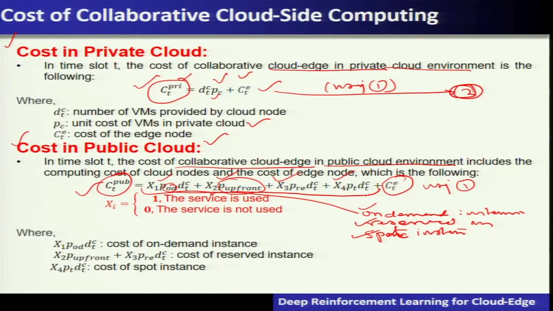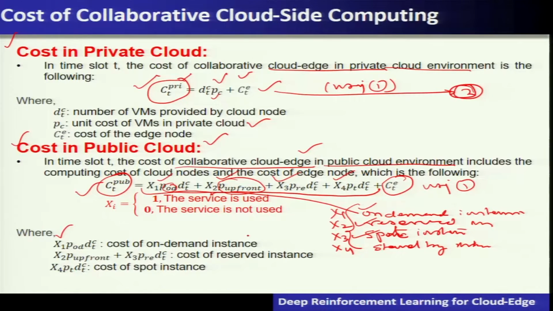So all these instances comprise standby instance. So all these instances are represented by X1, X2, X3 and X4. So this will become the cost function if, let us say, a collaborative edge cloud using the public cloud environment is being considered. So that is what is explained over here.